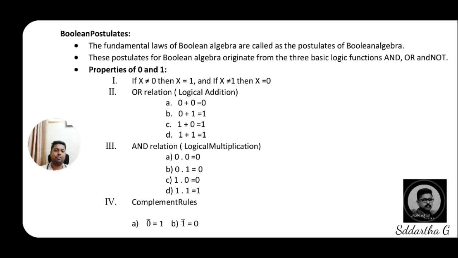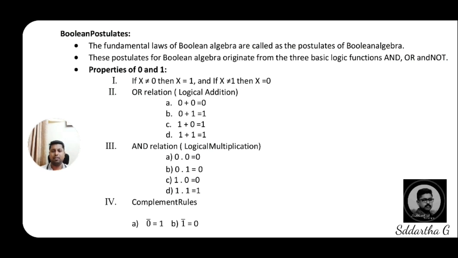So directly I will come to the first basic postulate, the properties of 0 and 1. Observe this postulate: if x is not equal to 0, then x is equal to 1. If x is not equal to 1, then x is equal to 0.